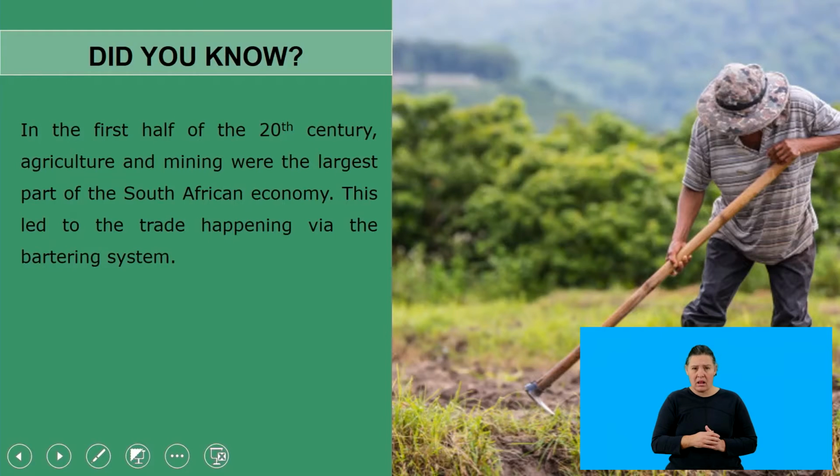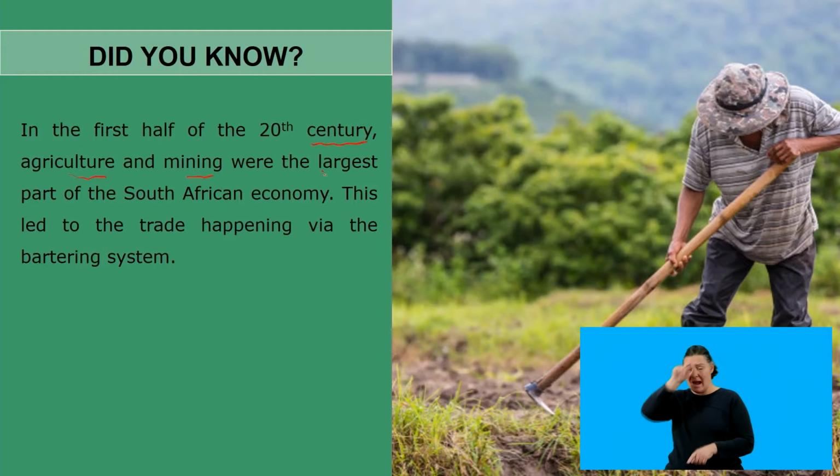Now, let's start by looking into some interesting facts. Did you know that in the first half of the 21st century, agriculture and mining were the largest parts of the South African economy? This led to trade happening via the bartering system, which meant that the economy was largely based on agricultural products.